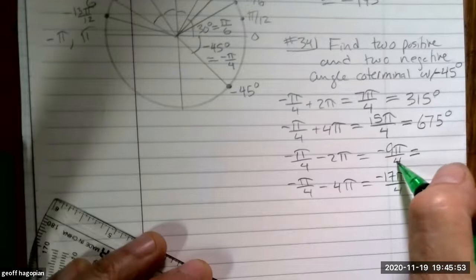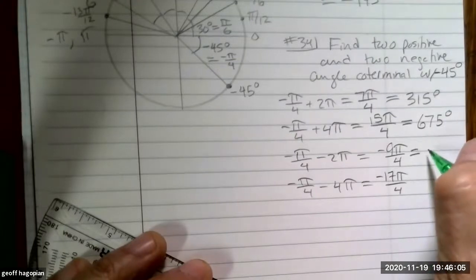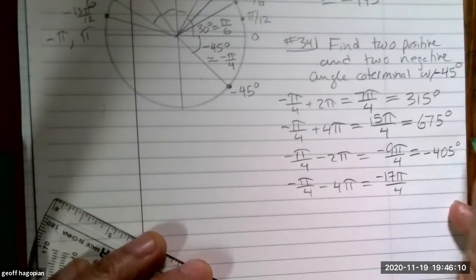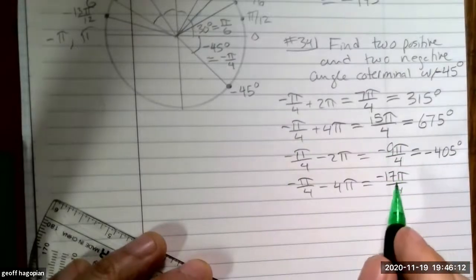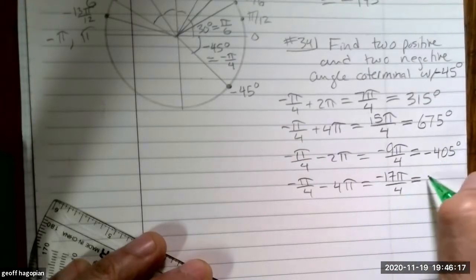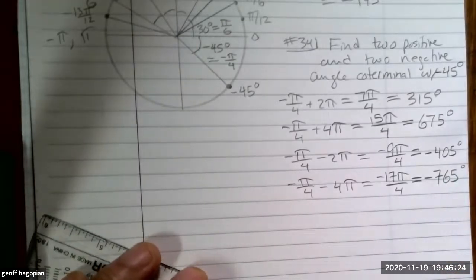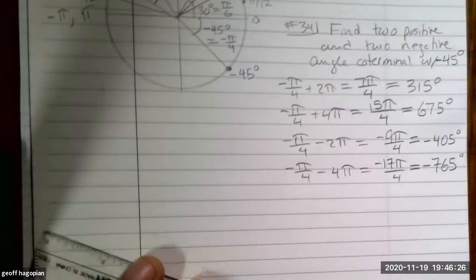What's this in degree measure? It's going to be negative 405, right? Because you got negative 360 plus another negative 45. And then I'm going to subtract 360 from that and get negative 765. Is that a degree measure for that? All right.